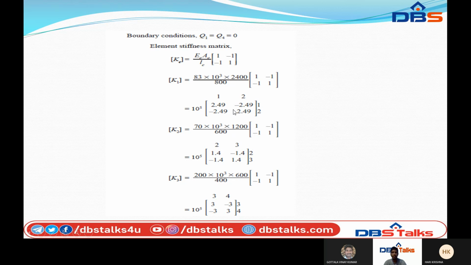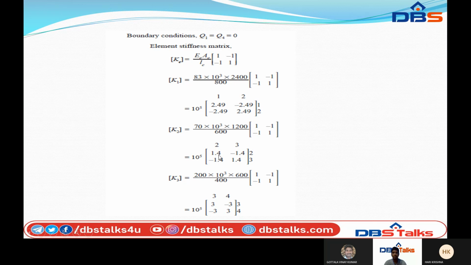Next, coming to K21, K21 will be -2.49. But coming to K22, we have to add two values. In the place of K22, in the element stiffness matrix of element 1 it is 2.49. Next, summing another element stiffness matrix K2, the value will be 1.4.